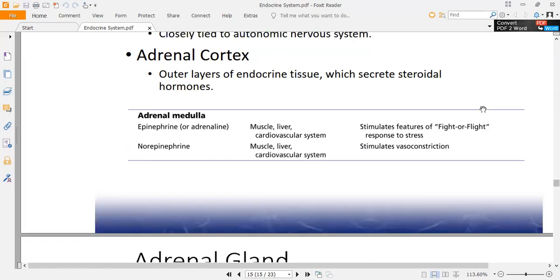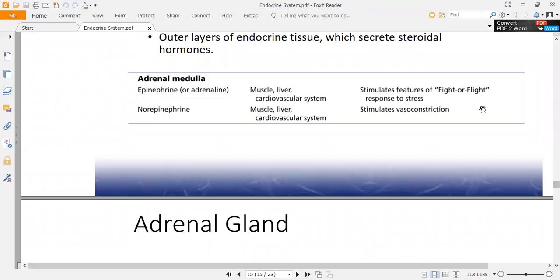The adrenal medulla produces epinephrine, or adrenaline, targeting muscle, liver, and the cardiovascular system; it stimulates features of the fight or flight response to stress. There's also norepinephrine, which stimulates vasoconstriction. Vasoconstriction has to do with making the blood vessels tight, or reducing the lumen of the blood vessels.